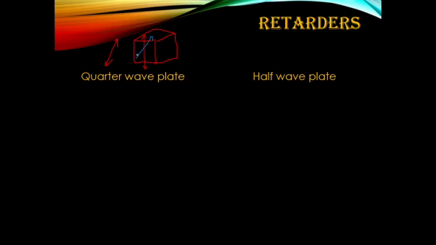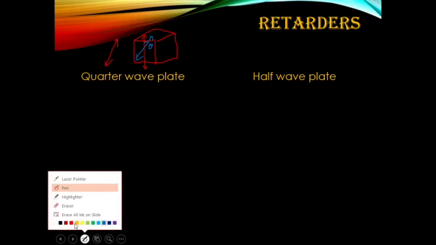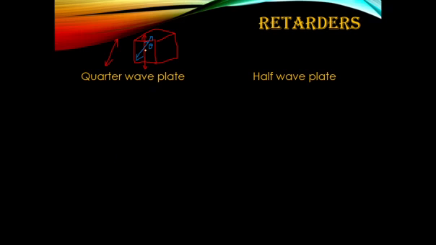So here you can see the blue line is the polarization of the incident light wave. Here you can see it is making an angle theta with the optic axis. So in that case, as mentioned, the light waves will split up, one in the perpendicular direction and the other in the parallel direction. So these are the two rectangular directions with respect to the optic axis.